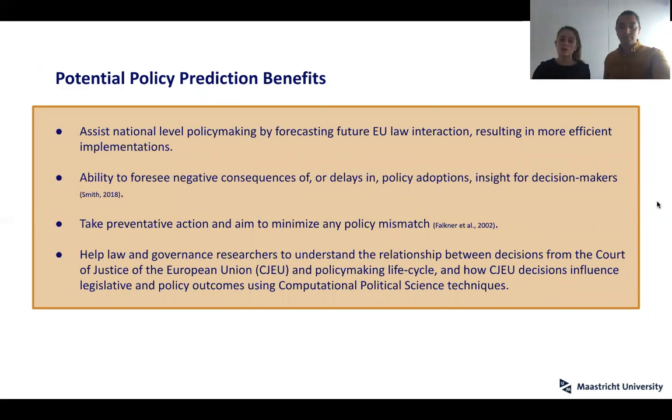Ultimately, we also hope that the whole framework assists researchers to understand the explicit interactions between mandatory EU laws, case laws of the EU, and policies that need to be implemented within the individual member states.